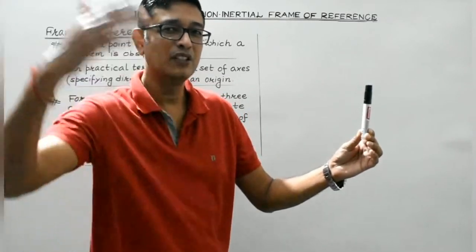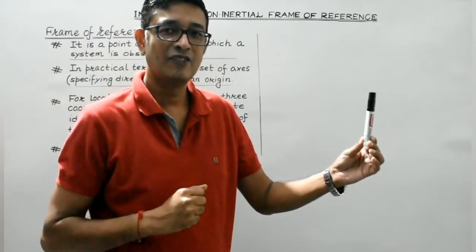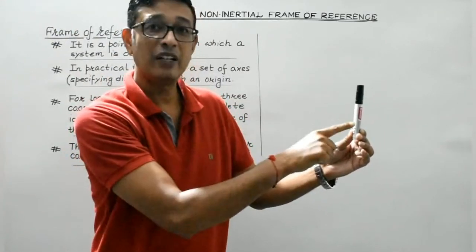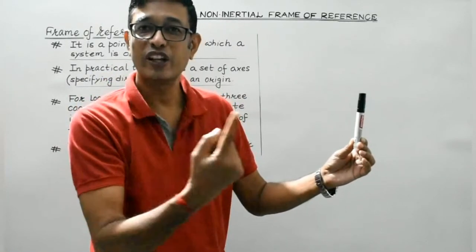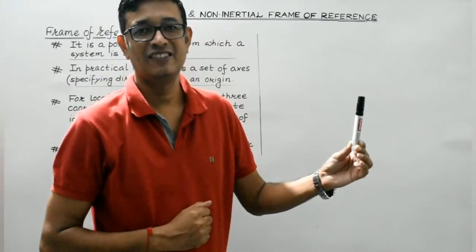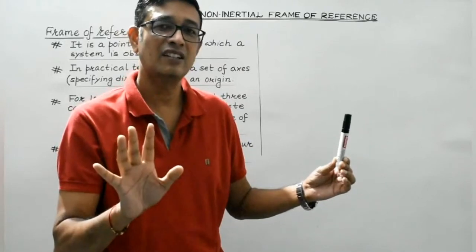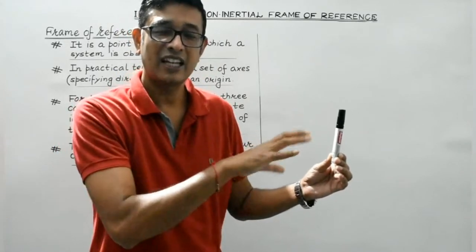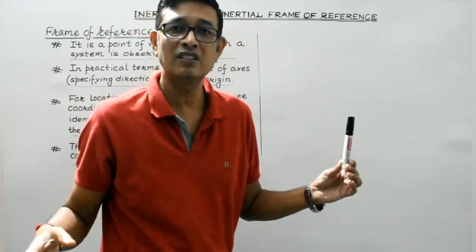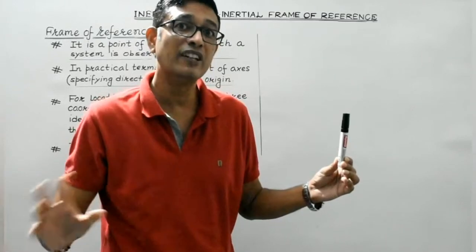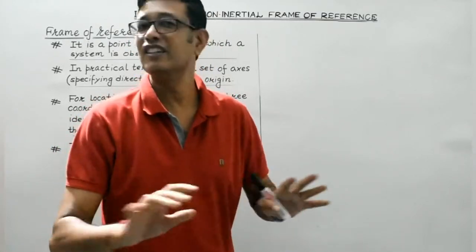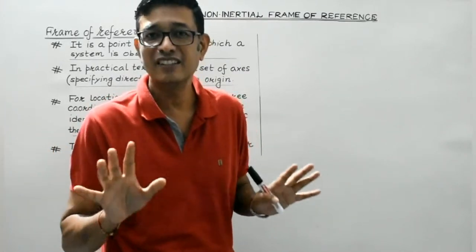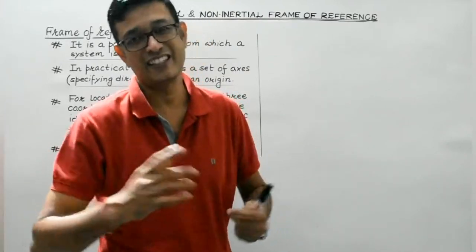But imagine a person on moon. From his point of view, this pen is not at rest. It is rotating along with the rotation of the earth. Clear, students? What I mean to say is that the same event can be described by different observers in different frames of reference differently. Because everything is relative. Everything in the universe is relative.